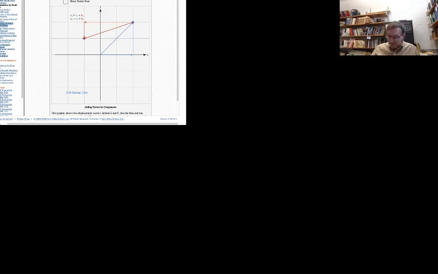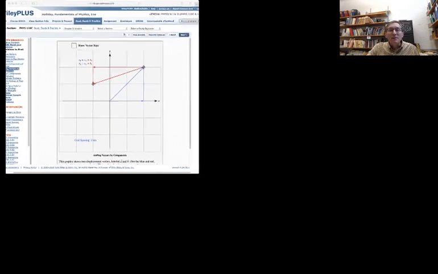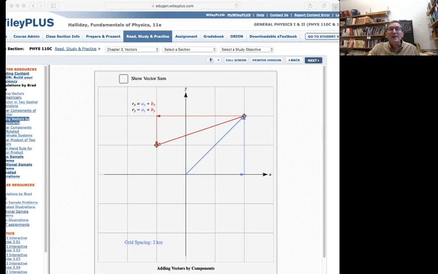From Wiley Plus. Oh, I beg your pardon, that looks like it is way too small, doesn't it? Let's expand that a bit. I do think you want to be able to see it. Hopefully that's better. Okay? All right, now, you can see you're looking down from above on an xy coordinate system, and there are two vectors.